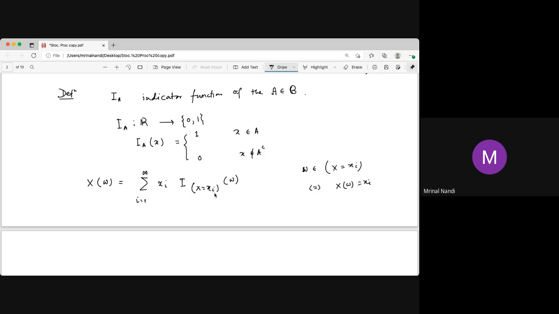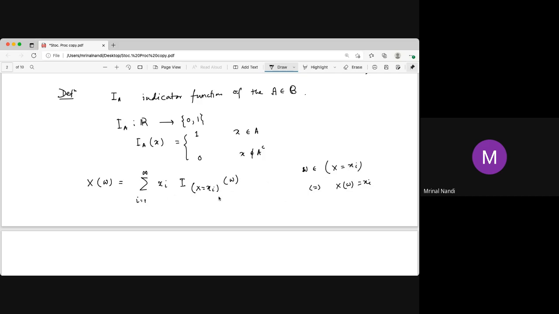So let omega belong to X equal to x_10, small x_10, capital X equal to small x_10. Now for that omega, X of omega equals x_10, so this indicator gives 1, and the term is x_10 times 1. For the other i's it is 0, so the sum is just x_i.